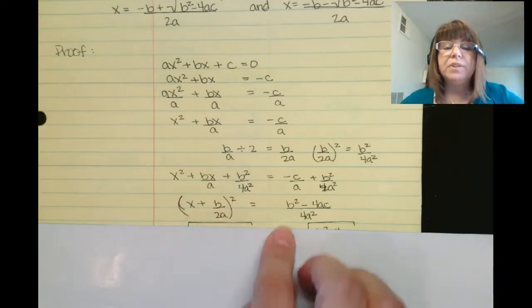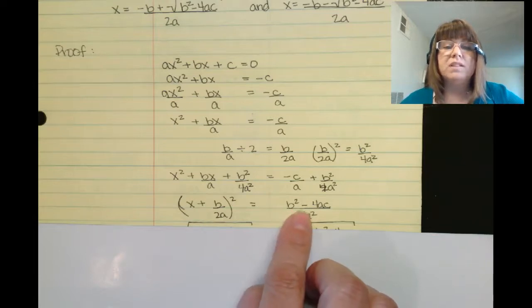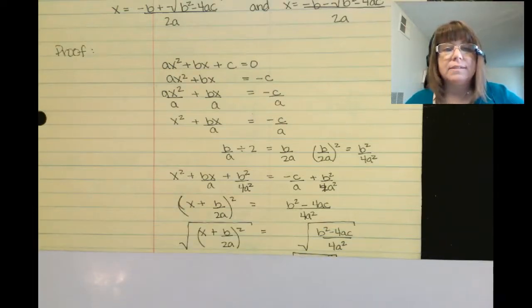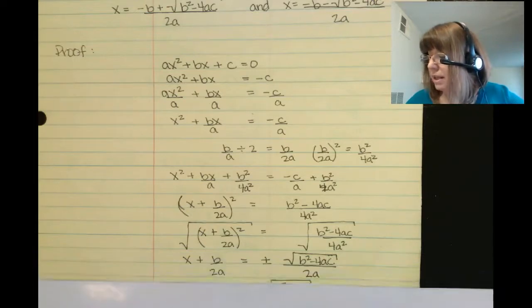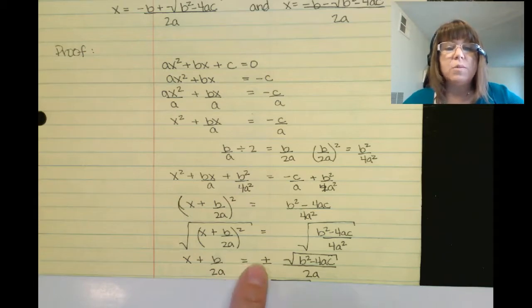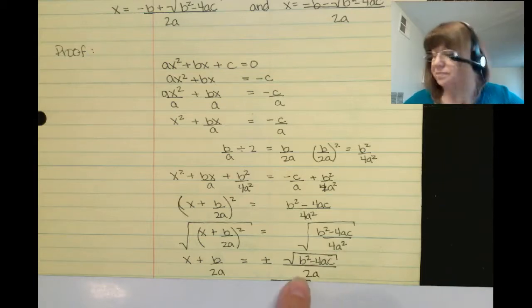By finding the common denominator, adding like terms, the right-hand side becomes b squared minus 4ac all over 4a squared. I take the square root of both sides. Now I'm left with x plus b over 2a equals plus or minus the square root of b squared minus 4ac all over 2a. Where did the 2a come from? 4a squared, the square root of 4a squared is 2a.